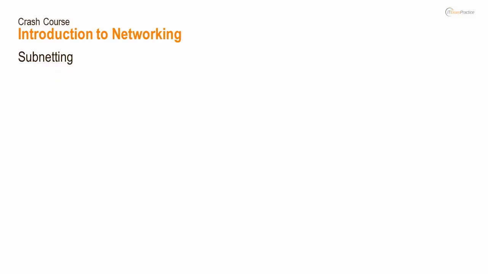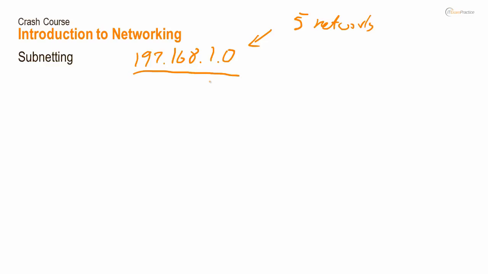What is this subnetting all about? You can get a lot of questions. Let me give you an example. 192.168.1.0, and they ask you, can you be so nice and divide that IP address into 5 sub-networks? What does it mean? It means that we do not have enough IP addresses.